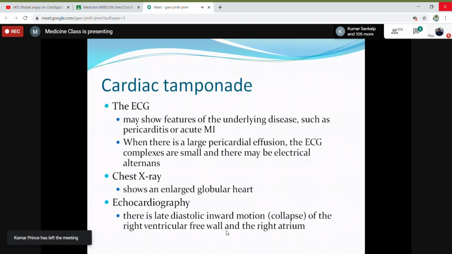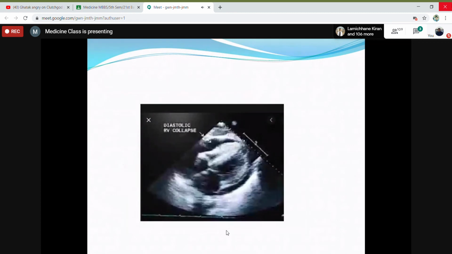Chest X-ray may show an enlarged globular heart, and then echocardiography. In echocardiography, the right ventricle and the right atrium collapse during late diastole, so we can see diastolic right ventricular collapse.